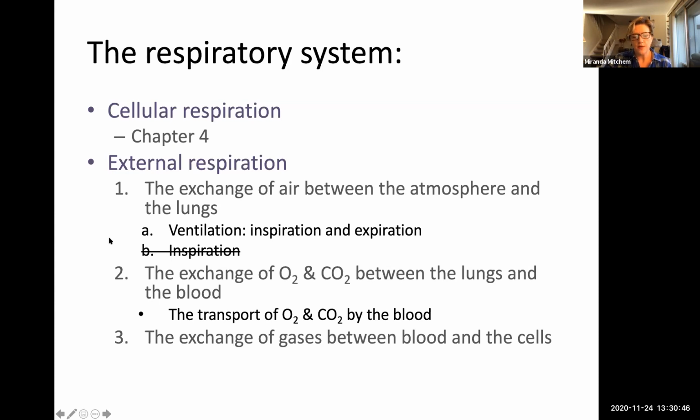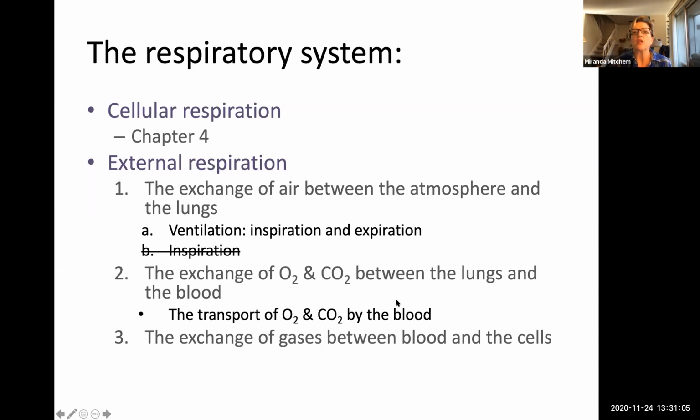So once the molecular oxygen has entered into the lungs, then we have exchange between the airways and the blood vessels. And that's for both molecular oxygen and carbon dioxide.